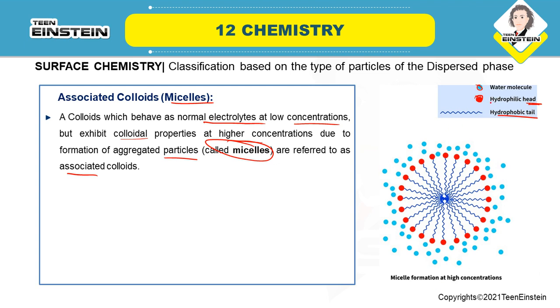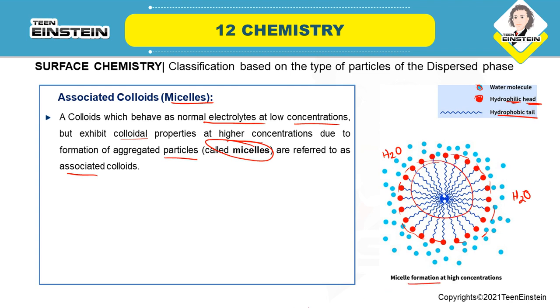Now hydrophilic, that means it has affection for water. So obviously this red part, that will be towards water molecules because all these are water molecules. And the tail part, that is the hydrocarbon part or hydrophobic part, that will be facing the opposite of water. So that is why in the surface there will be only the hydrophilic part, but inside there is hydrophobic part.